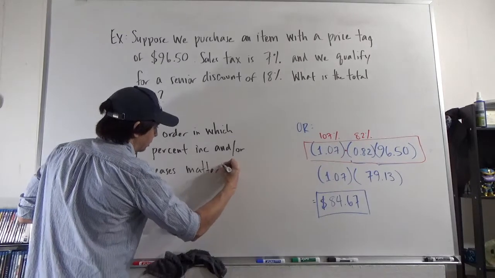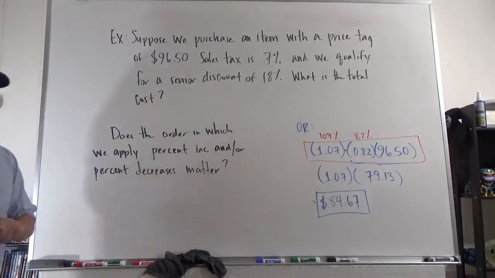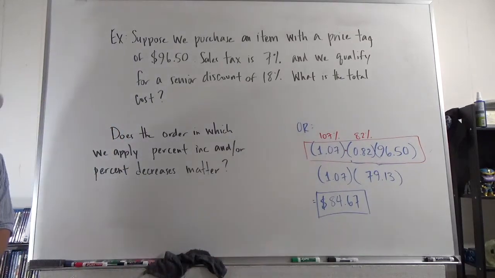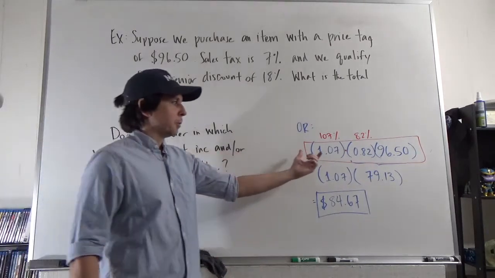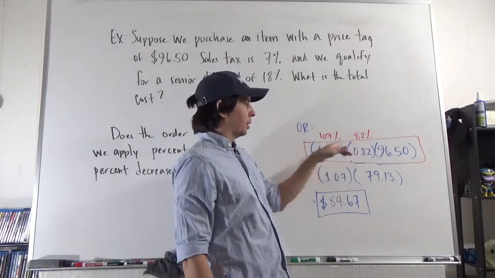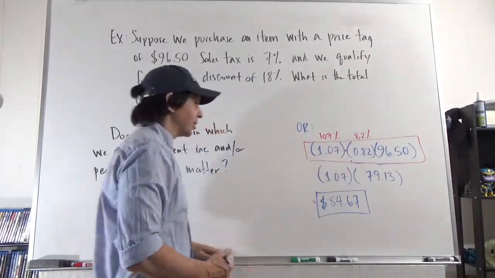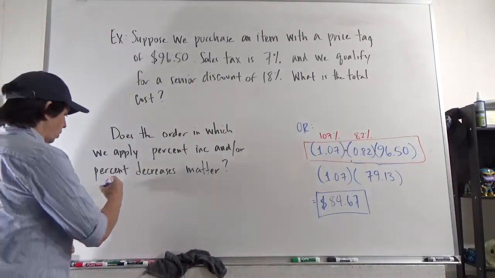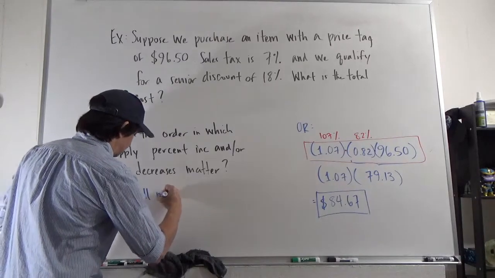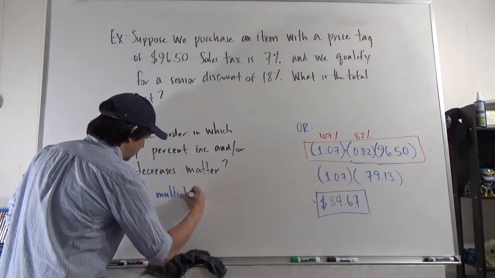Does the order matter? It's not that important that you understand that it doesn't matter. No. We can see that we will just be multiplying by factors, and rearranging the order of multiplication, putting a 1.07 there and then 0.82 out here, does not actually affect it. So no, because it's all multiplication. And the order of the multiplication does not matter.